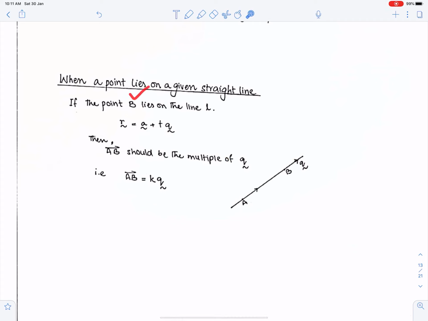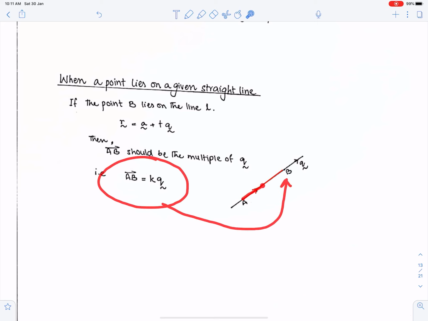Let's suppose B is known. If the point B, which is known, lies on the line L, then this vector AB should be a multiple of the vector Q.